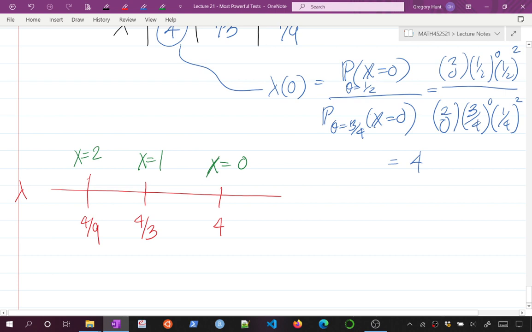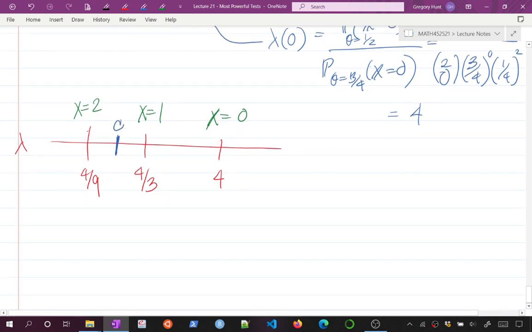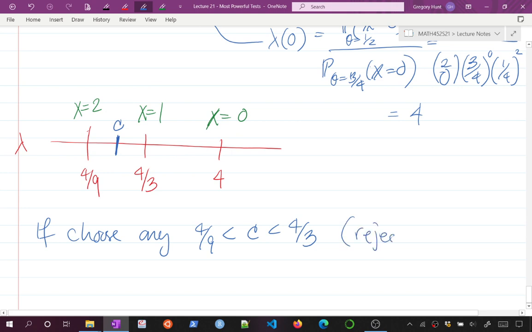So there's going to be some choice here. Maybe I set my value C here. So if I choose any C, where C is between 4/9 and 4/3, these are my values of lambda. I'm basically only going to reject when x is 2.